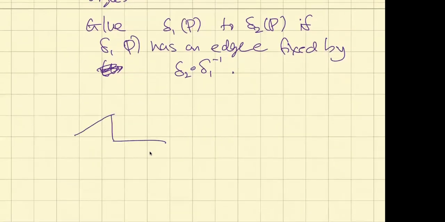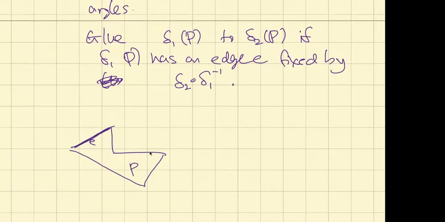So maybe this is P, and this is one of the edges of P. In this group delta, there's a reflection that doesn't touch E, but it reflects in E. So roughly speaking, this is delta of P. We got a new polygon from the old polygon, and they have this edge E, which is stable by this map, and we just identify these two polygons to each other.